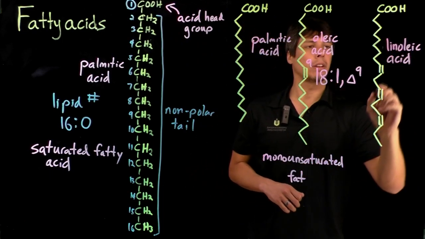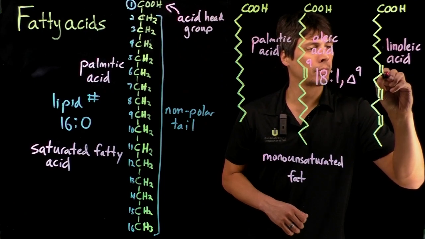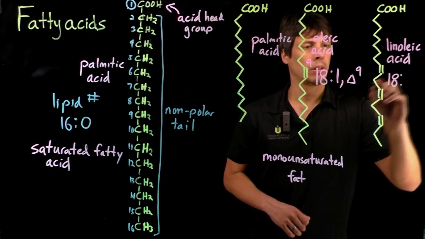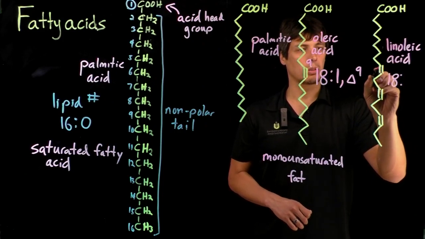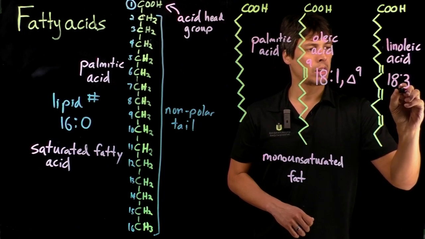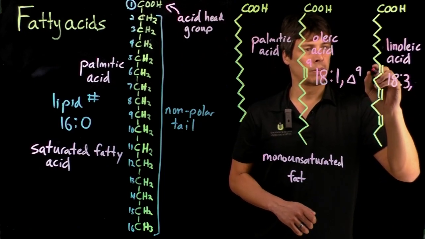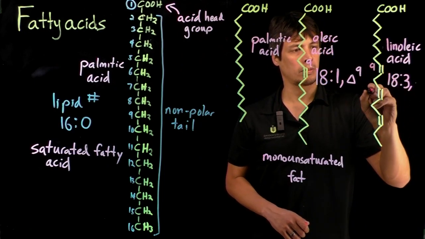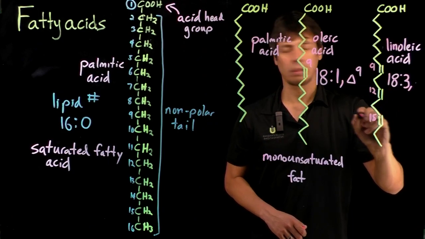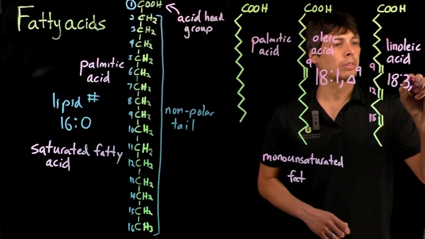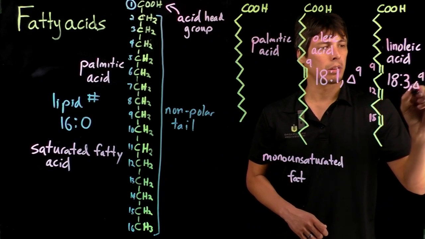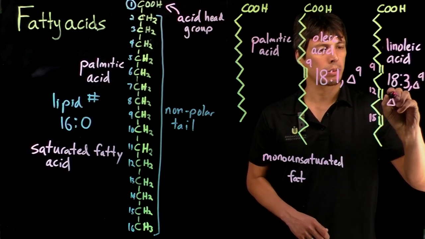And again, we have 18 carbons, colon, and now we have 3 double bonds, so 3 unsaturations, which are at the carbons 9, 12, and 15. So this is delta 9 and... I'm going to come down here because I'm running out of space.